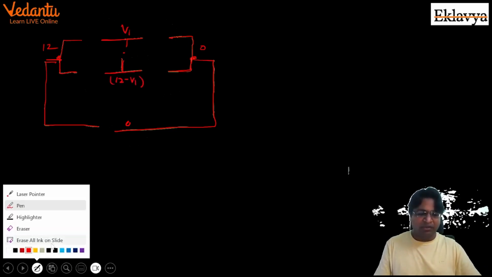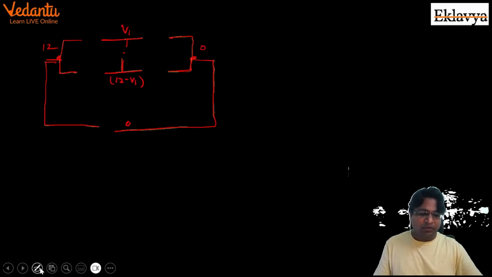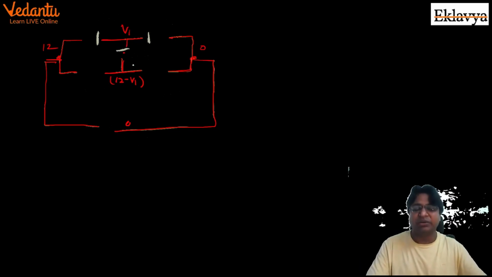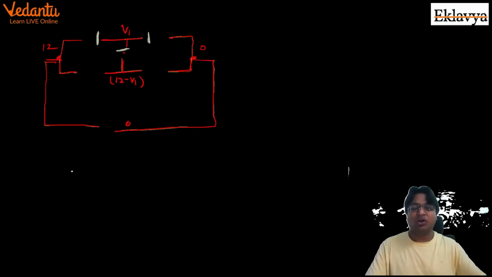Now to find the value of V1, we write the charge on this plate and this plate, and equate the total to 0, because there is an island that is not physically connected to anything, so the net charge here ought to be 0.